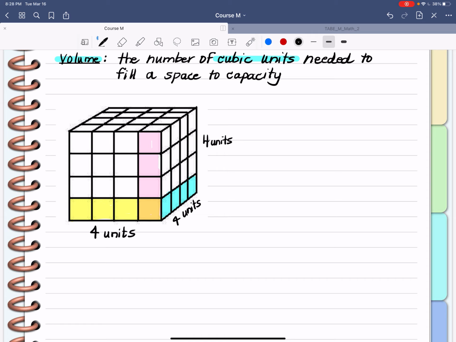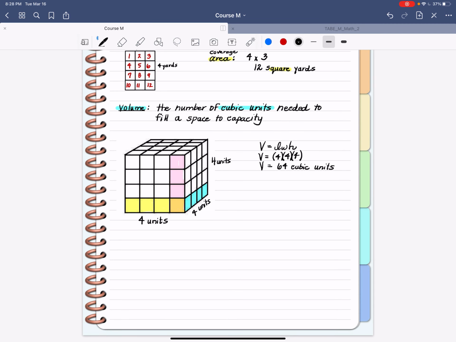So to get the volume of a perfect cube, you can count the cubes, or you can multiply the length times the width times the height. And that's the same as saying 4 to the third power. If you wanted to do it that way, you certainly could. But that would give you 64 cubes to fill that shape. 64 cubic units.